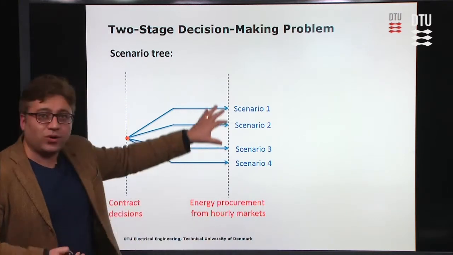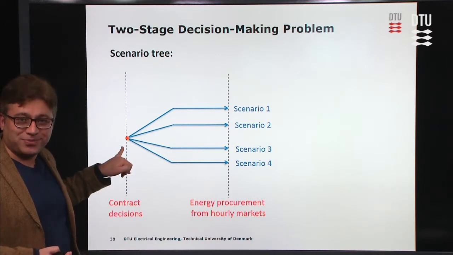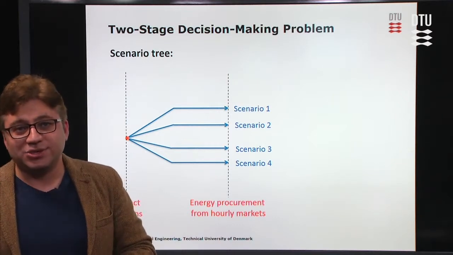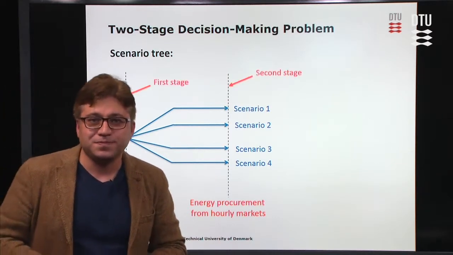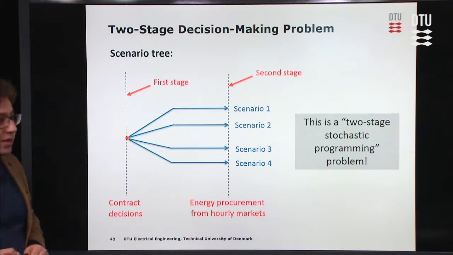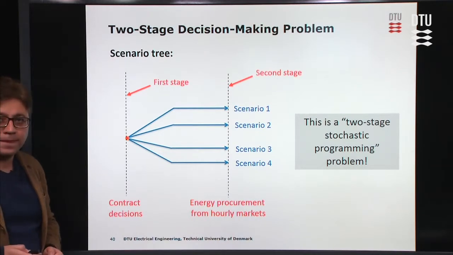Considering all these scenarios, we need to make our optimal decision here. This problem is referred to as a 2-stage decision-making problem. Okay? First stage and second stage. Good. So, a 2-stage stochastic programming model.